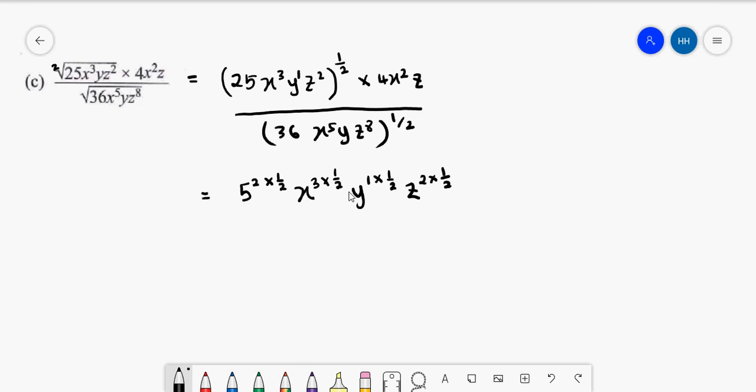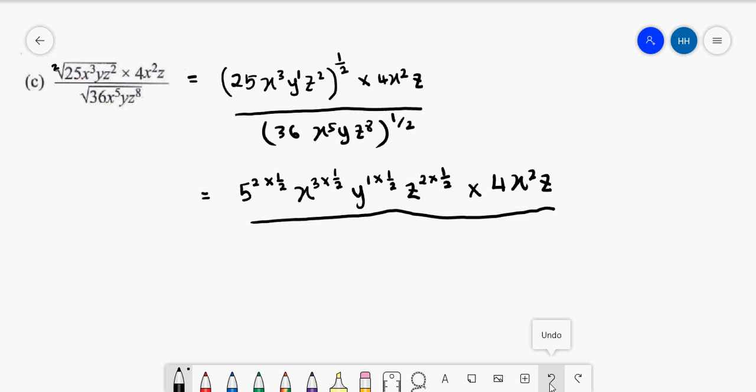And then for the number at the back, 4 can be simplified into base 2 squared, or if you don't want to simplify, you can also write it as 4 and then x squared z. You just copy. And then over, please use a ruler, too long.